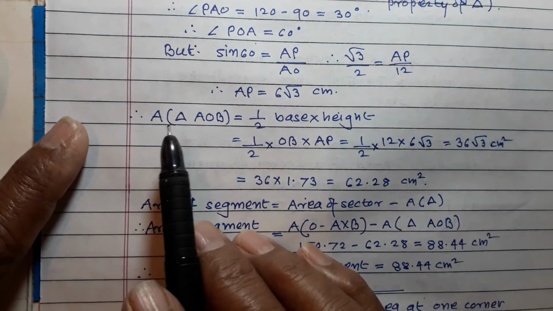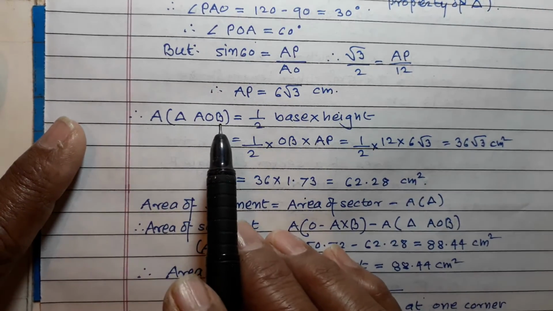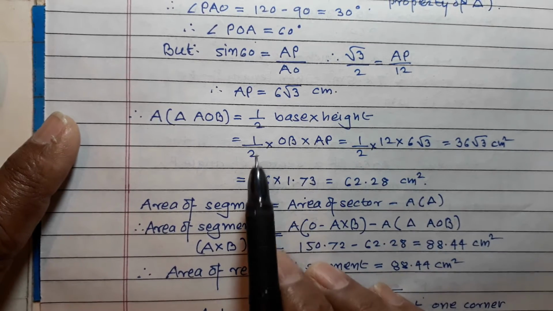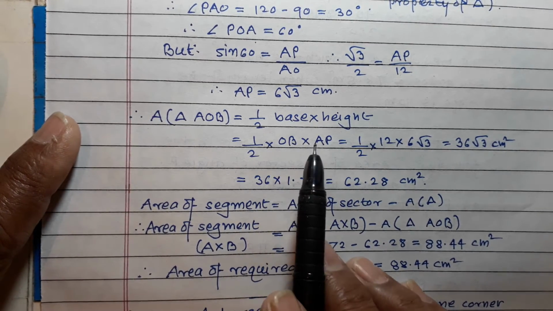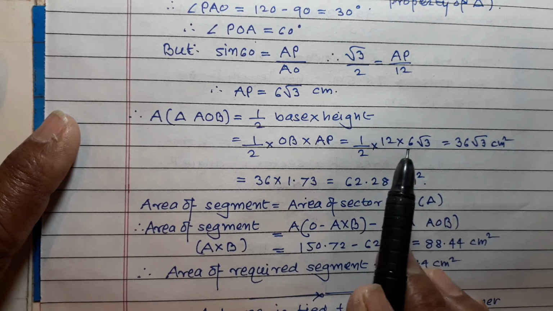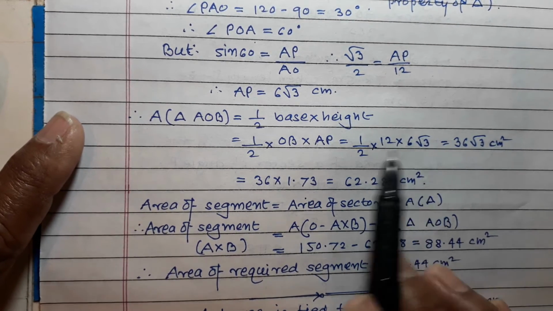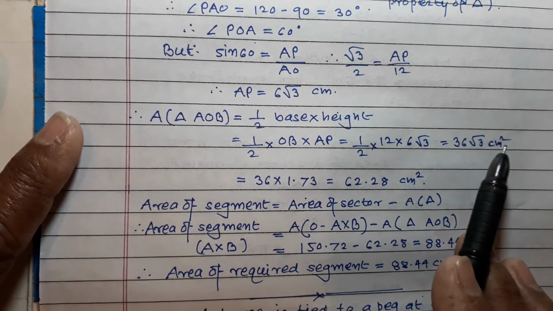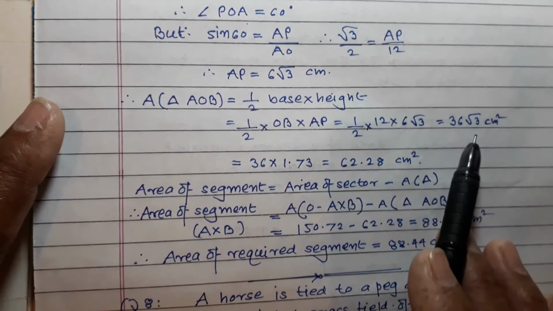Therefore the area of triangle AOB is equal to 1 upon 2 base into height, which is equal to 1 upon 2 into OB into AP, which is equal to 1 upon 2 into 12 into 6 root 3. Simplify this, you will get 36 root 3 centimeter square.